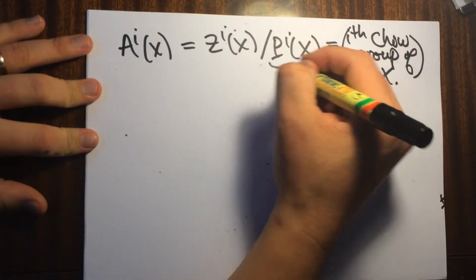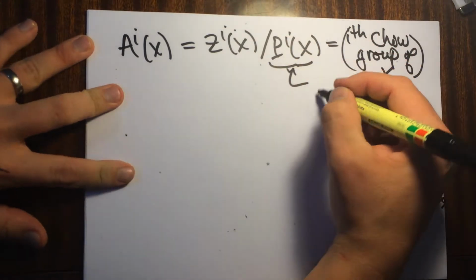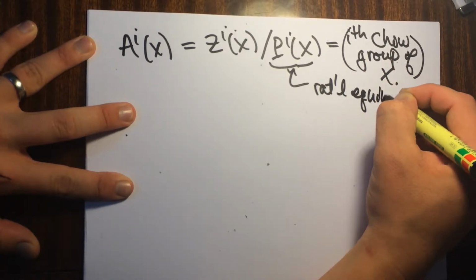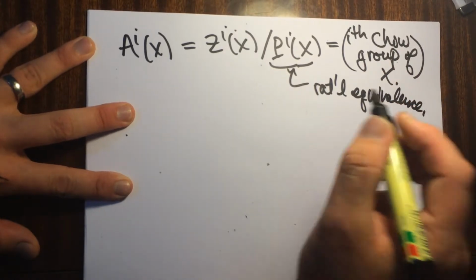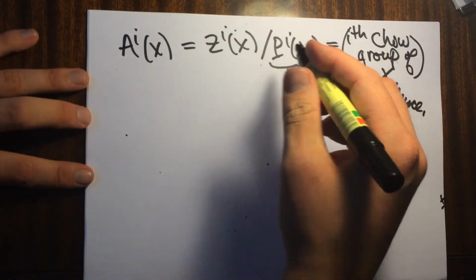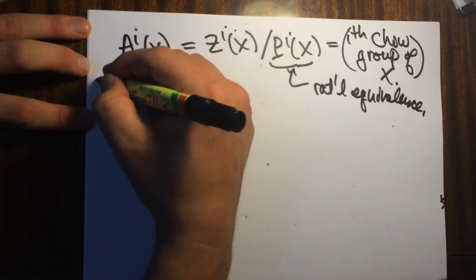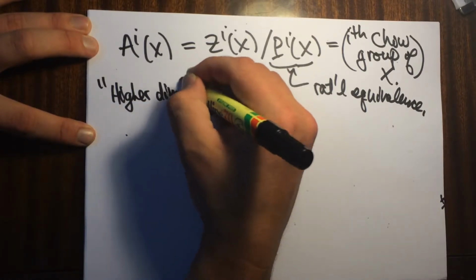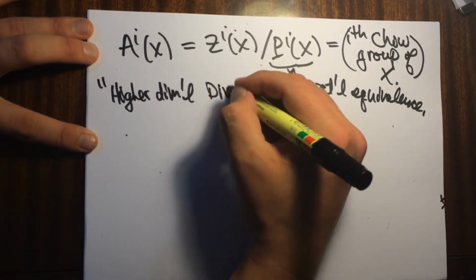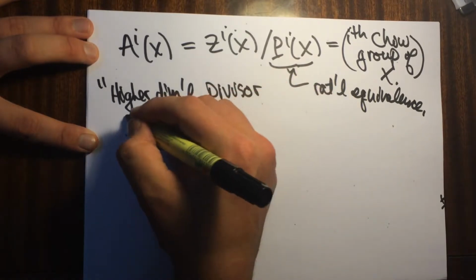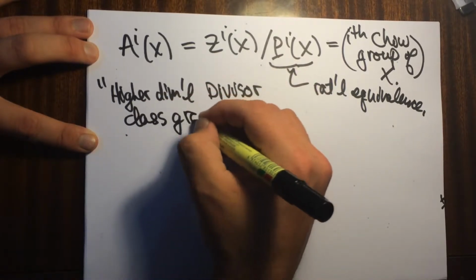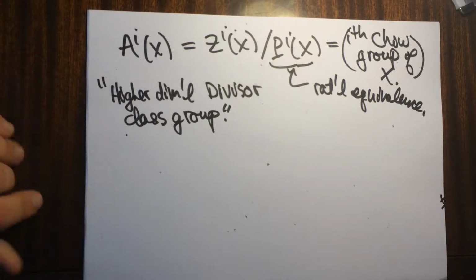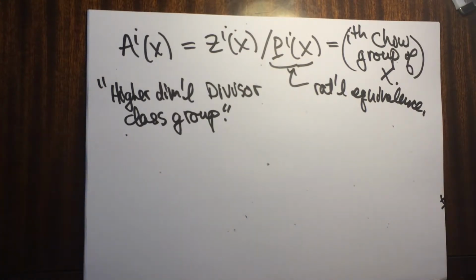This relationship is sometimes called rational equivalence, and this generalizes the idea. It is like the higher dimensional divisor class group. This is great.